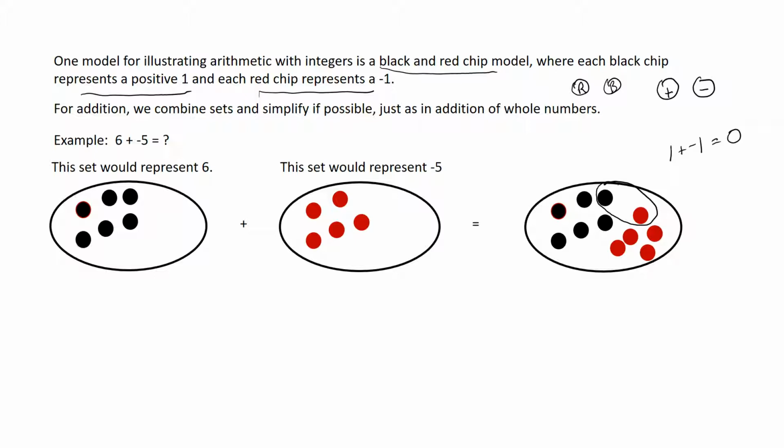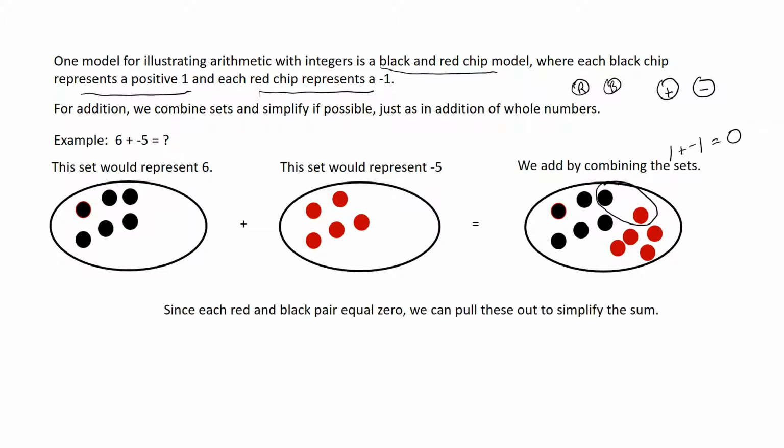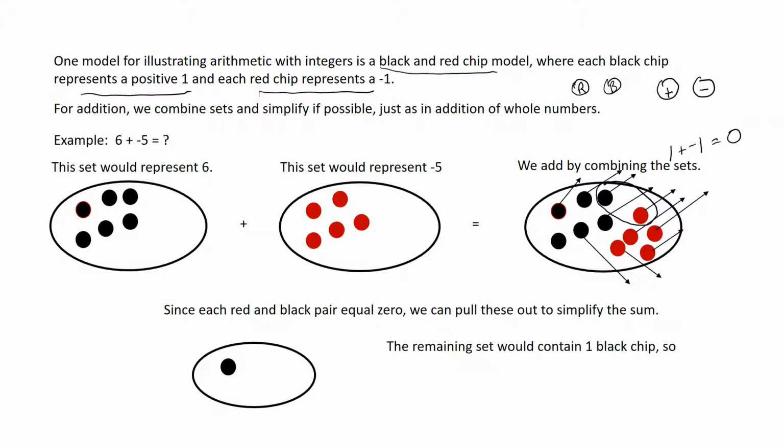If I take out zero pairs because they don't help me at all, I'd pull out 5 red chips and 5 black chips, and then what's remaining would be 1 black chip. So that represents positive 1.